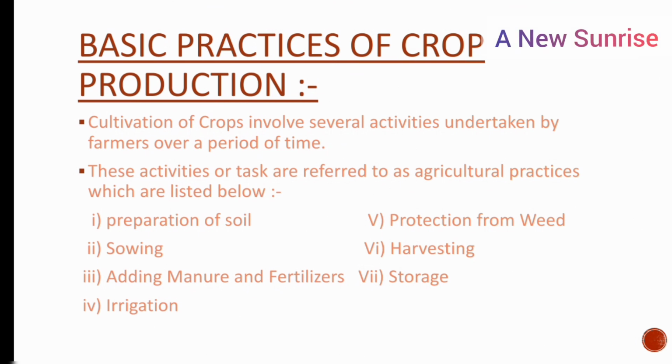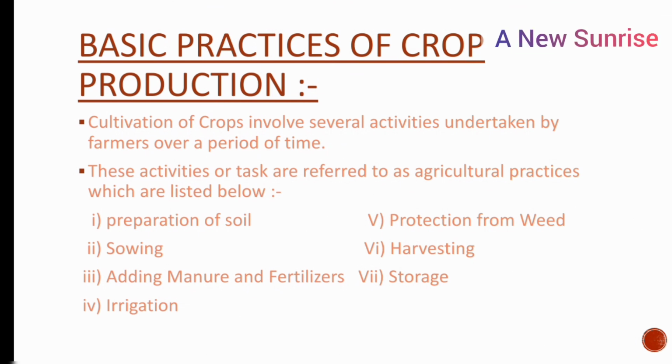First comes preparation of soil, in which we prepare the soil so that the seed can be sown in the soil and it can grow into a good plant. Second step is sowing. Sowing means putting the seed into the soil for the growth of a plant. Third is adding manure and fertilizer.